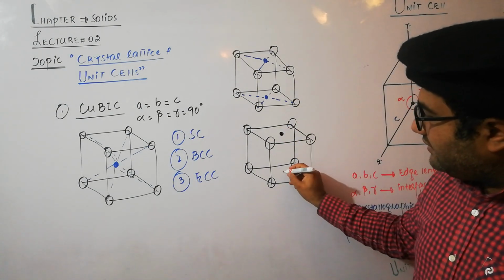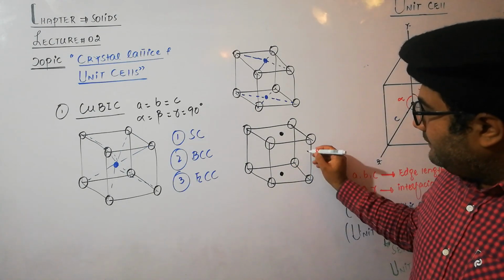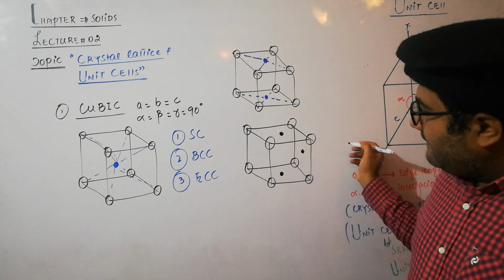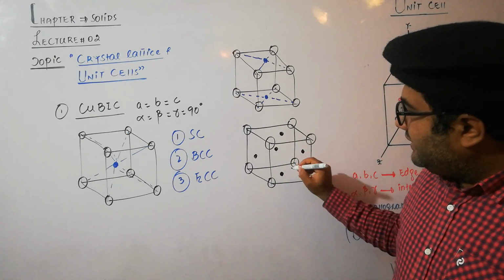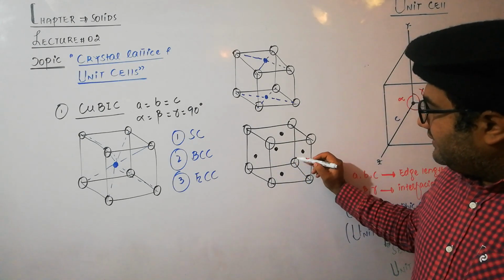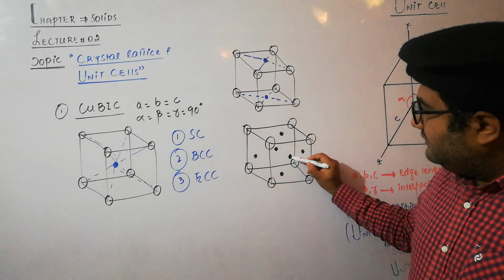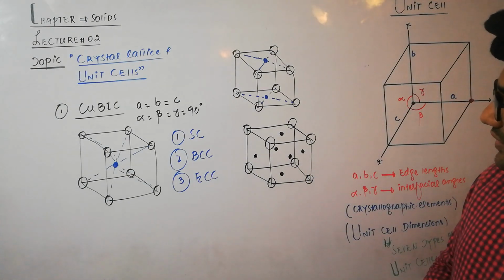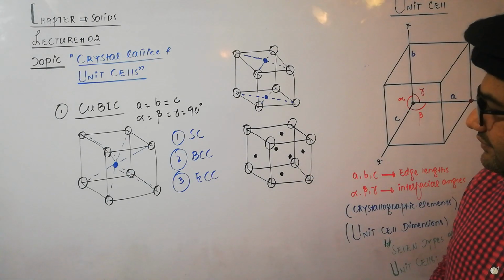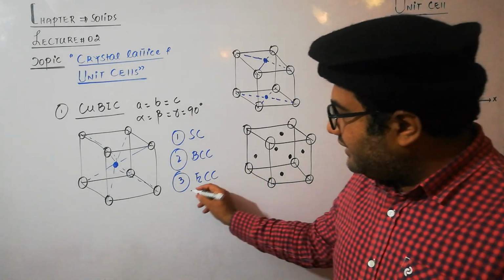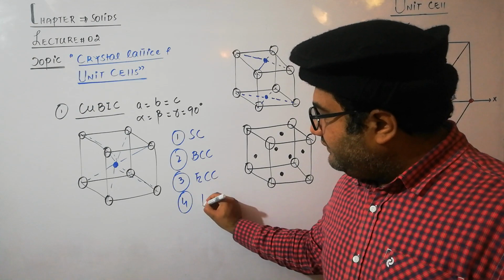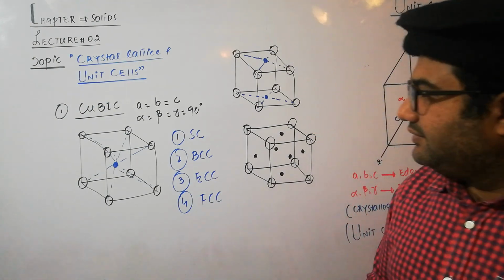This one is at the above face, below, in the right, left, center of the back, and this one is at the center of the front. This cube is called the face centered cube. So the fourth type is the face centered cube.